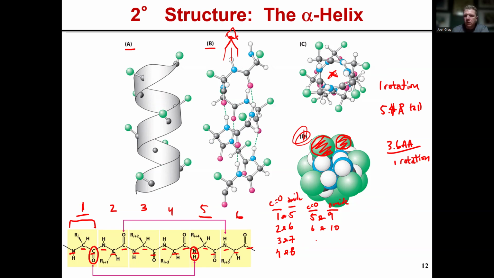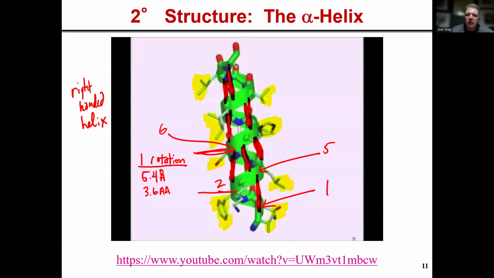Okay, so then, well, does 7 have a hydrogen bond? Yeah, it does. But it only hydrogen bonds between its amide and amino acid 3's carbonyl group. Now, this is a little bit complicated to think about, but just imagine that this helix goes on, and then at some point, the helix kind of concludes.